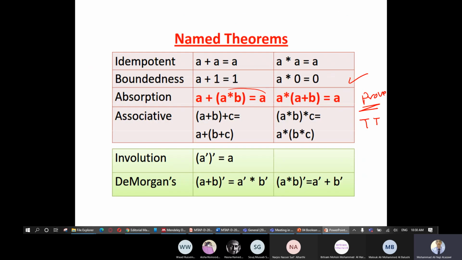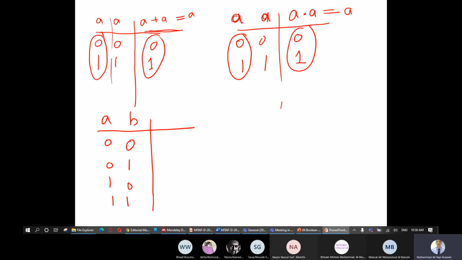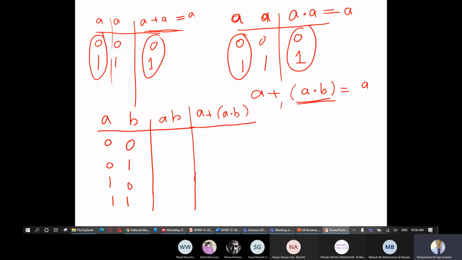I want to prove that A plus A dot B equals A. First I'll try to find AB. Then after I finish, I'll find A plus A dot B. Okay?